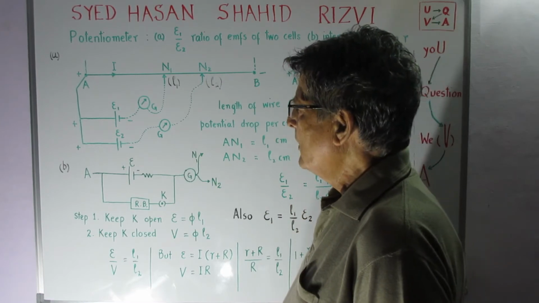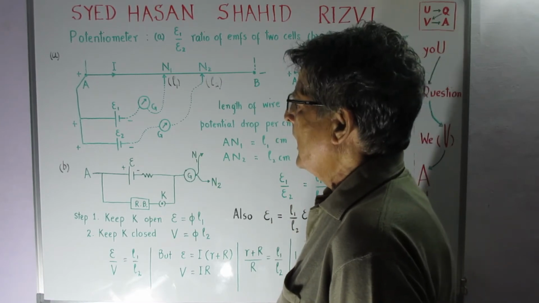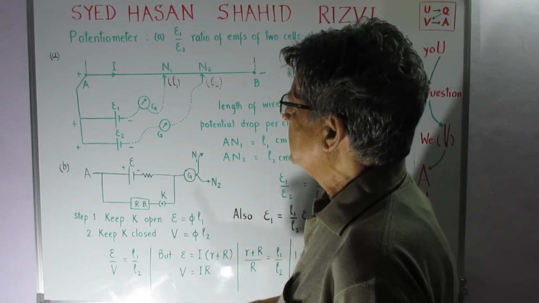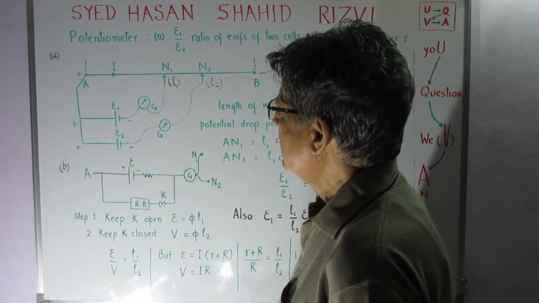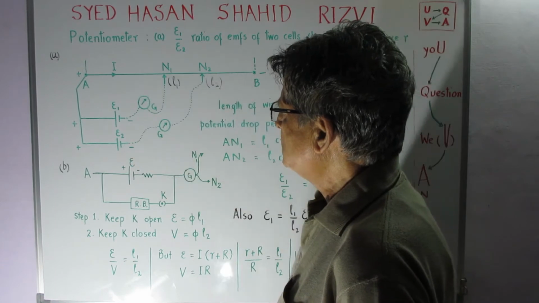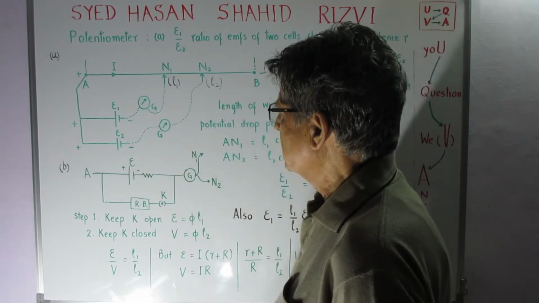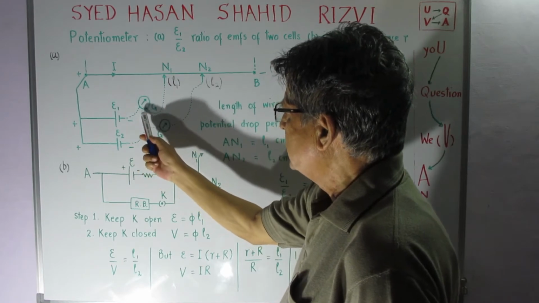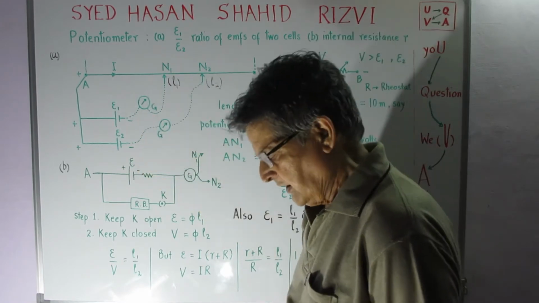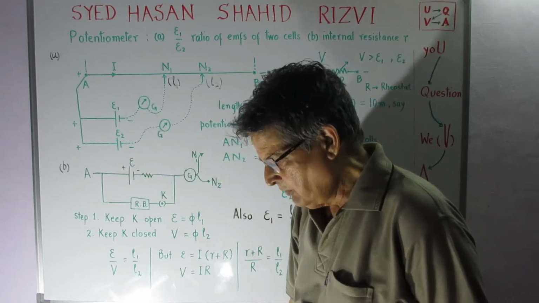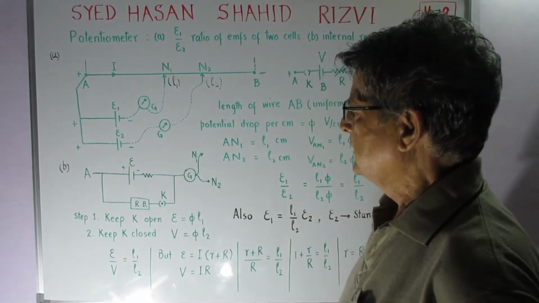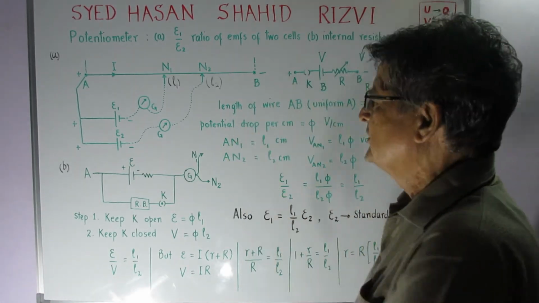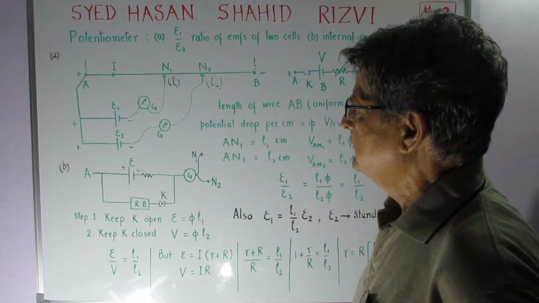But to avoid the hodgepodge, I am taking one source of EMF and another source of EMF. This is positive and the negative end is connected to the galvanometer of high sensitivity. That is, it has a low resistance associated with it.